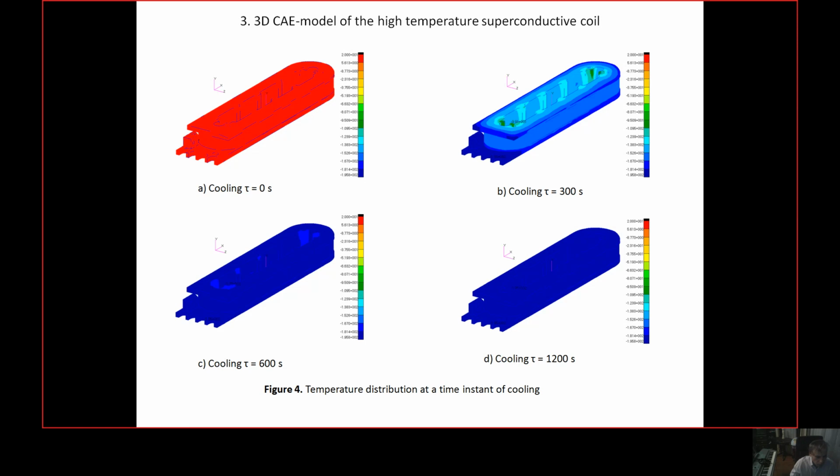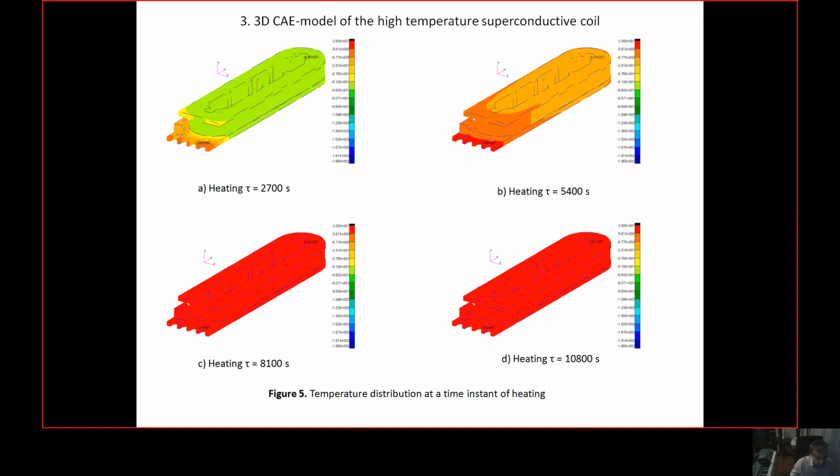Figure 4 for cooling and figure 5 for heating regime.